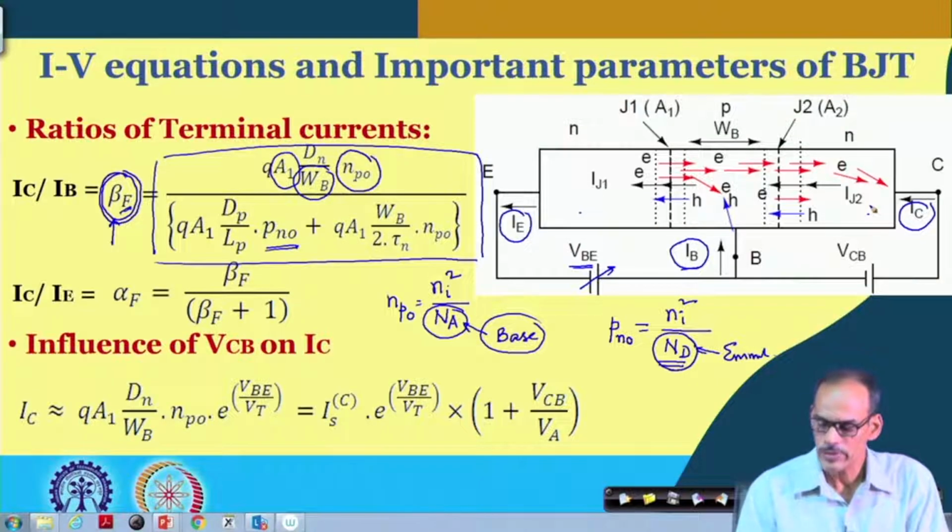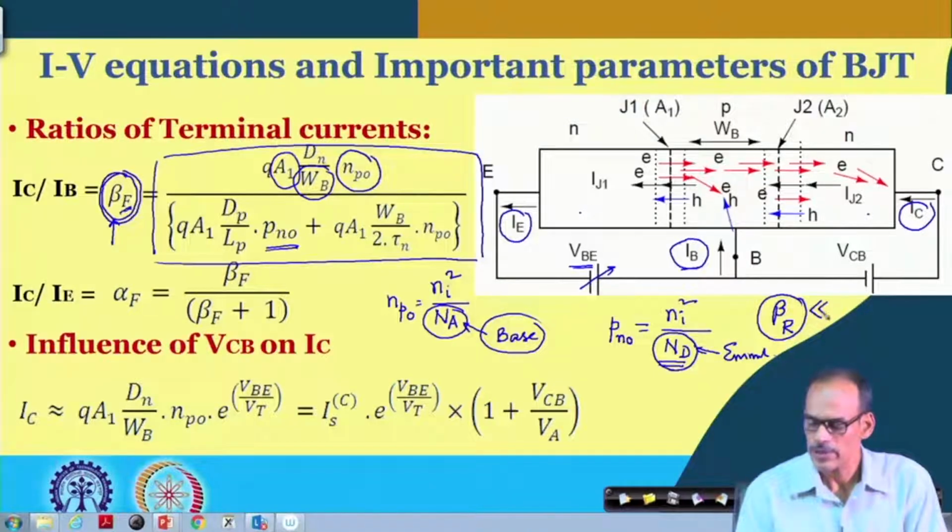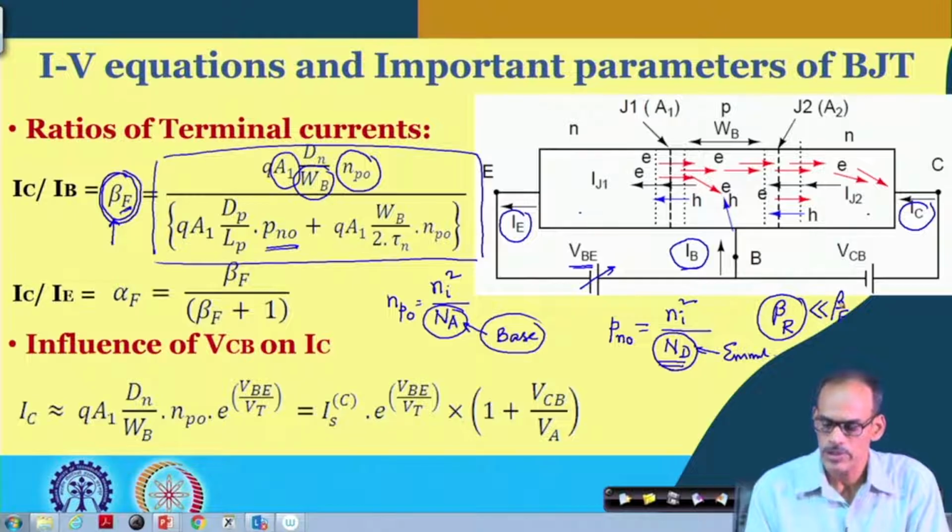As a result, whatever current gain we get in that case is also called beta, but it is in the reverse direction, and that may be much smaller than the forward direction beta. So while using the device in our circuit, we should understand that the emitter really should be used as an emitter, and likewise the collector.